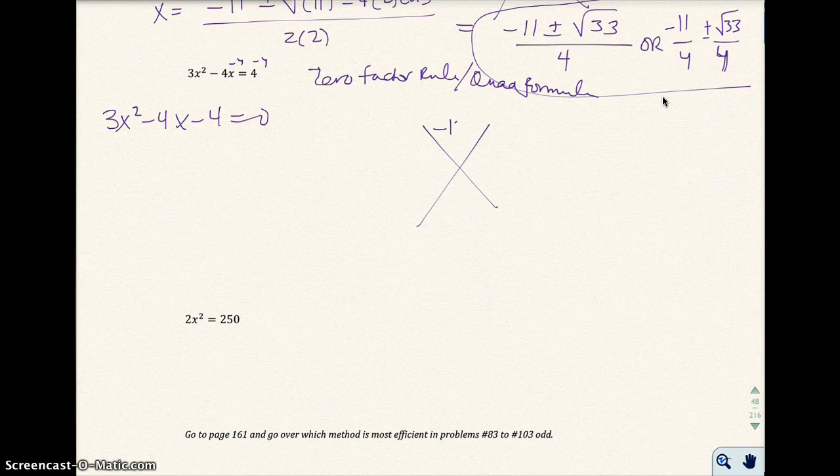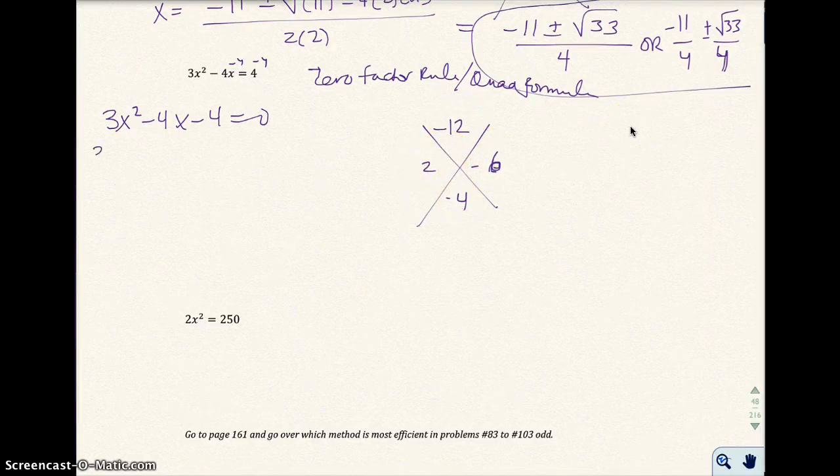I tried to. So I get negative 12, negative 4. 1 times 12, 2 times 6, 3 times 4. So it looks like I'm going to use the 2 and 6. I make the 6 negative, and that works. So 2 times negative 6 is negative 12, and 2 plus negative 6 is negative 4.